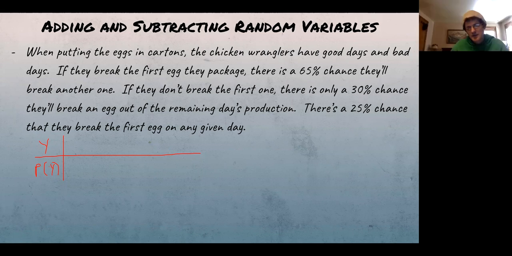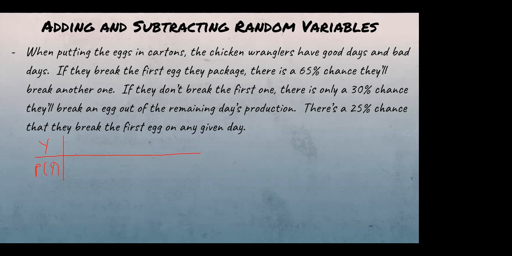Yes. And you're on to something. Those aren't exactly the outcomes. That is what leads us to our outcomes. So at the end of the day, when these people are looking back on the work they've done, what are the possible outcomes they have as far as breaking eggs? An egg breaks on the first day.